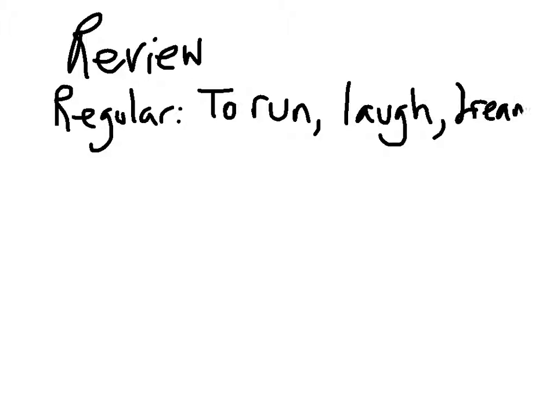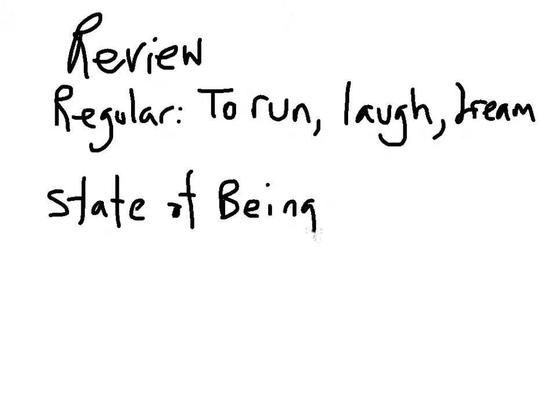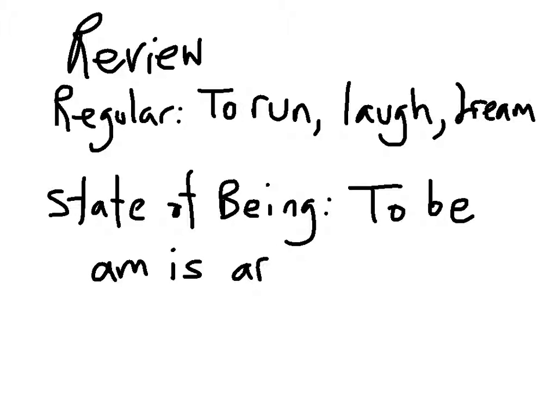And we also learned a category called verbs that are a state of being. And the most common state of being verbs are that whole category of the verb to be. And we know them as am, is, are, was, and were.